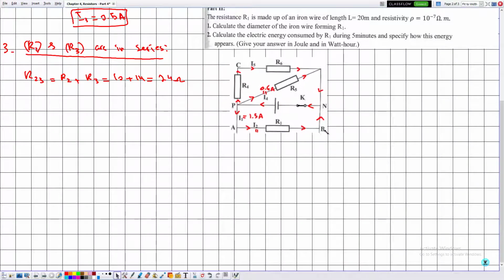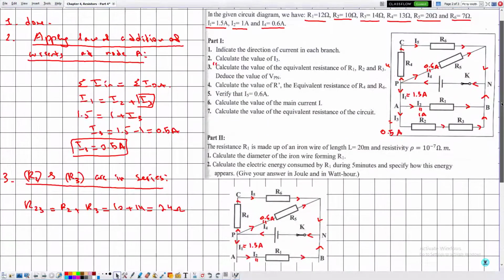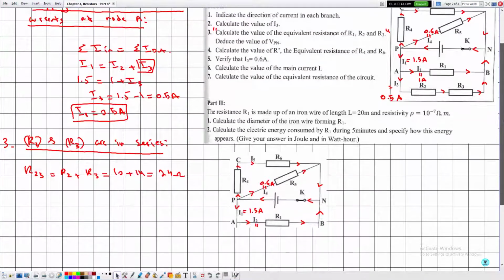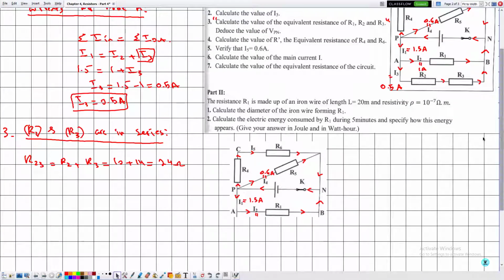Now, because it's difficult for me on the PC to draw the circuit with precision, but using a pen and paper it will be much easier. So now let me complete the circuit.